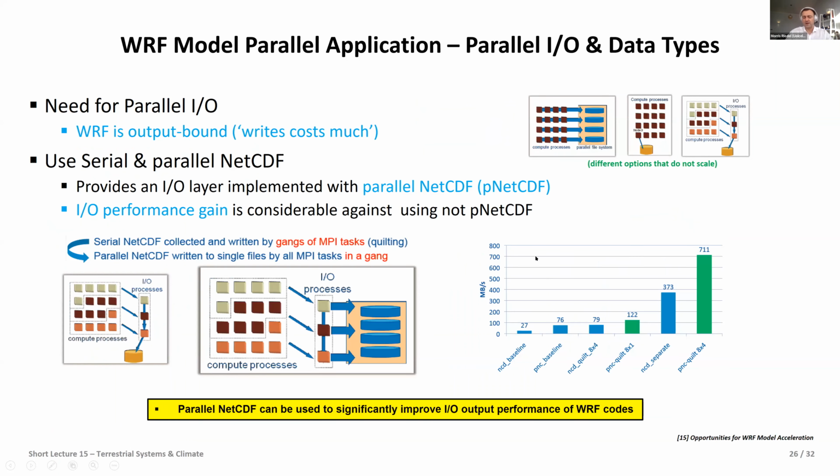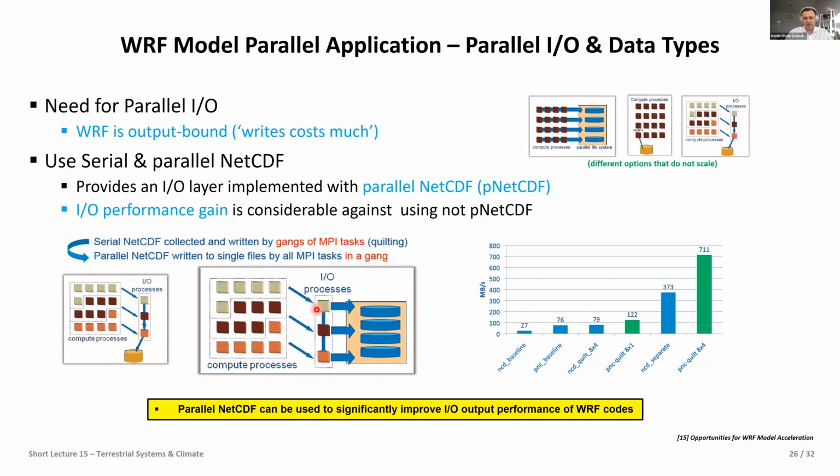Also for I/O, you can imagine ParallelNetCDF is used here. We also had HDF5, but NetCDF is quite established in the earth sciences. The idea is really concurrent access to one file, and not what we learned before, which is a bottleneck where everything is collected by one process and then written to file.